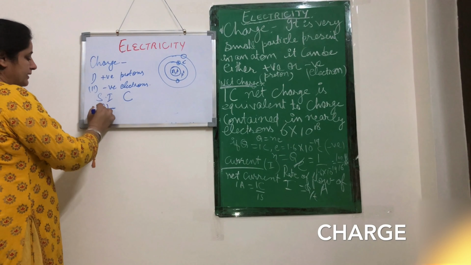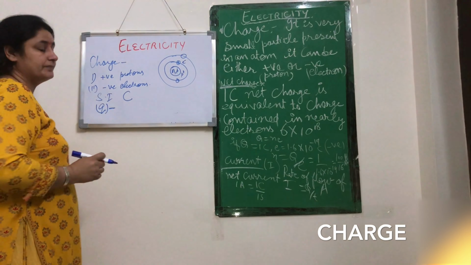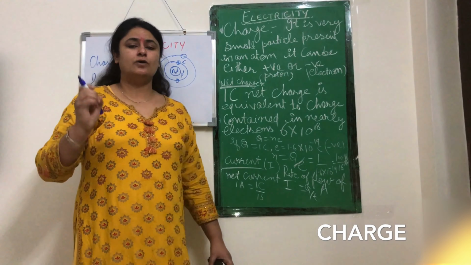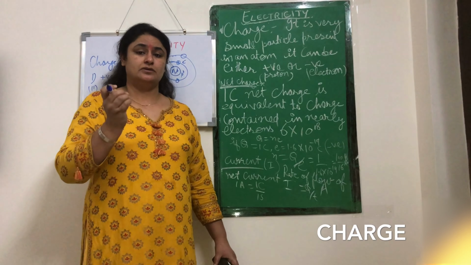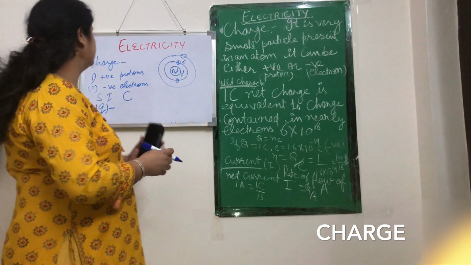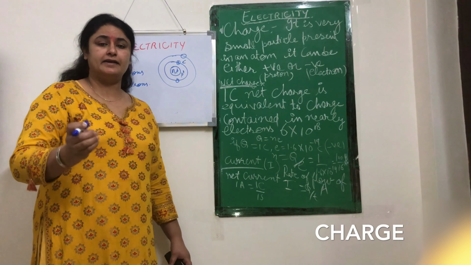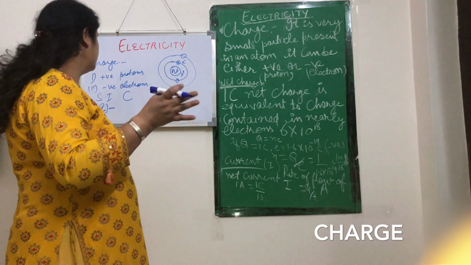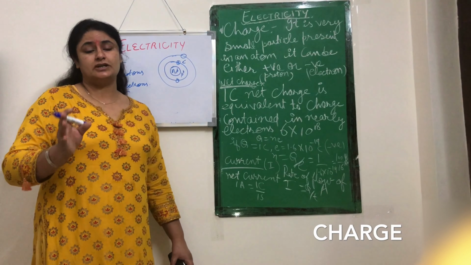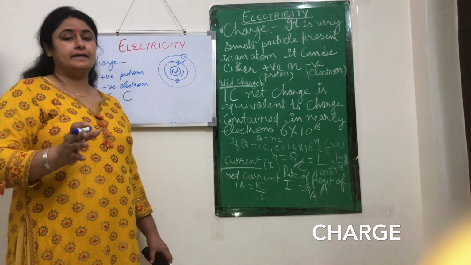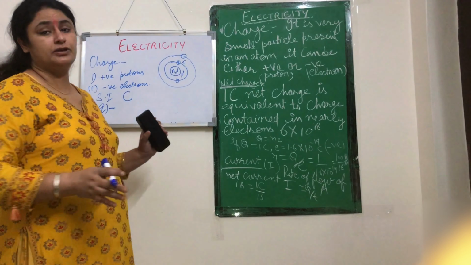It is denoted by small q. So this is the first concept, how we can understand the basics of electricity. First thing is charge. Charge can be positive, negative, and the SI unit for charge is coulomb, and it is denoted by small q.